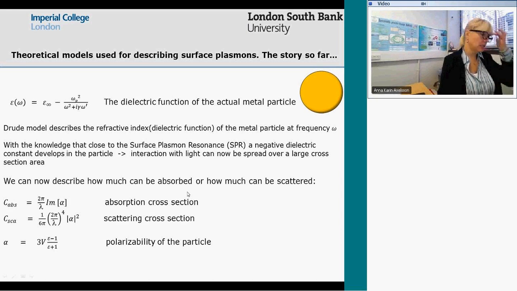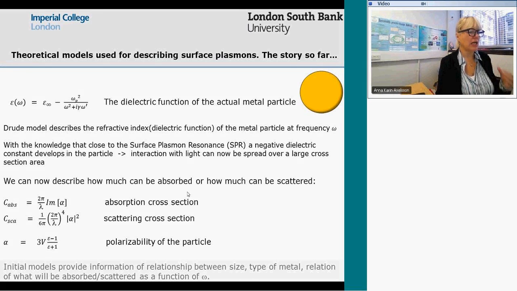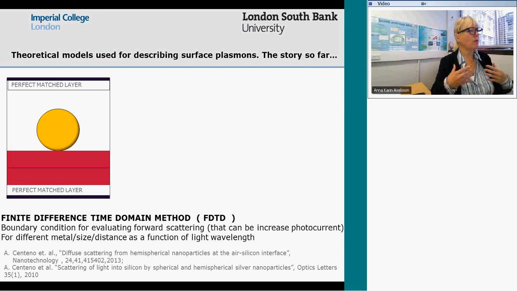I think this is the fundamental understanding of localized surface plasmon resonance, to evaluate the dielectric function at different wavelengths and over different shapes and spaces. Then we put in a particle of interest, put it into a lower boundary condition, and use the finite difference time domain method. All of a sudden we can look at the power distribution of backward and forward scattering, and it would define boundaries.